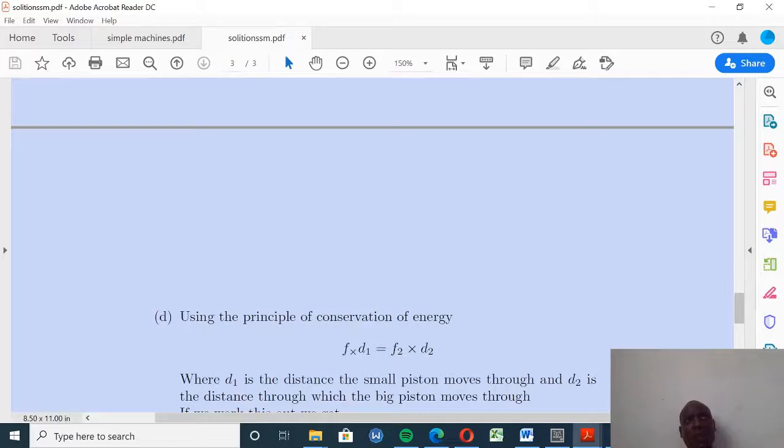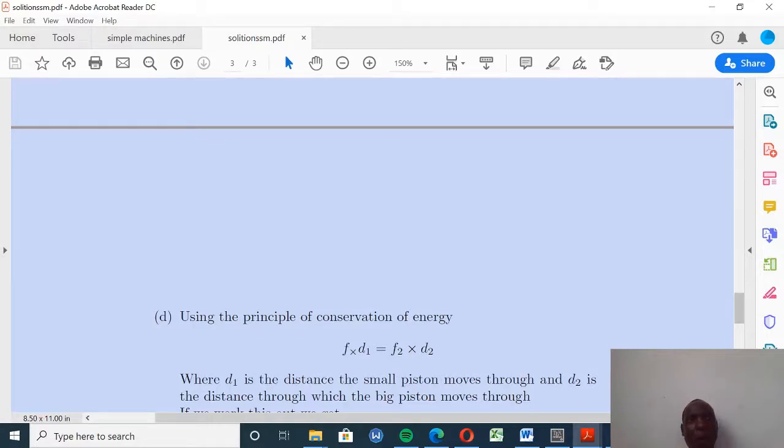The energy put in one side should equal the energy got on the other side, assuming that this machine is 100% efficient. So work input should equal work output.